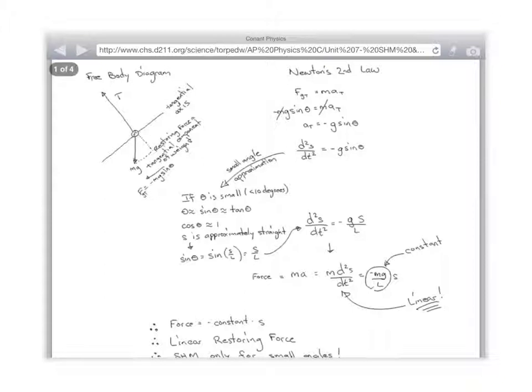Theta was theta max cosine omega t. So theta max cosine root g over L times t. Are they equal to each other? Yes! I have verified that the specific solution that I guessed would work does in fact work.